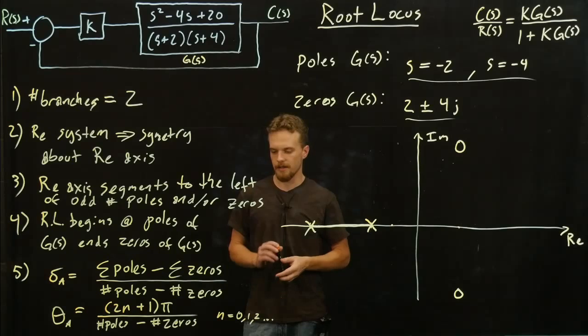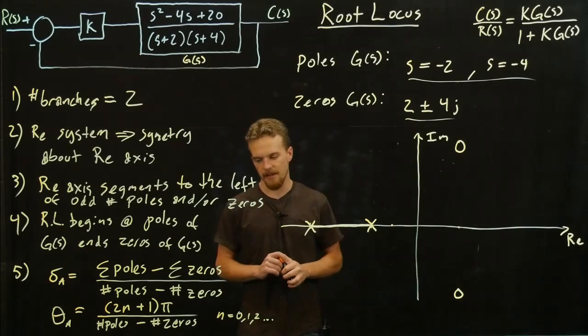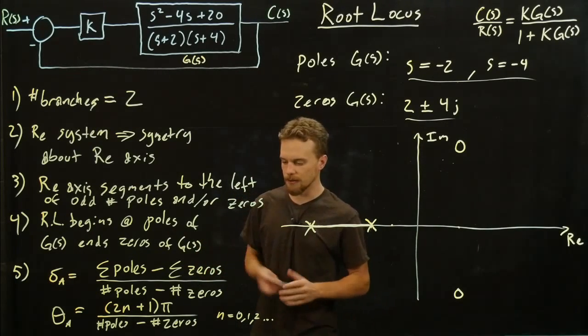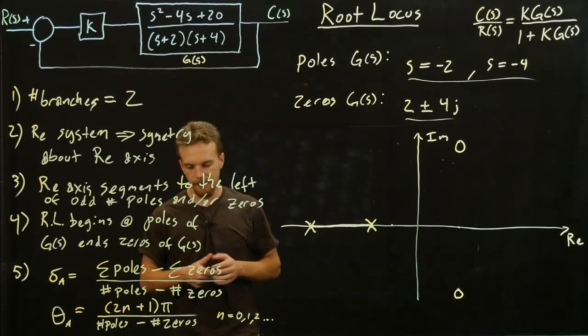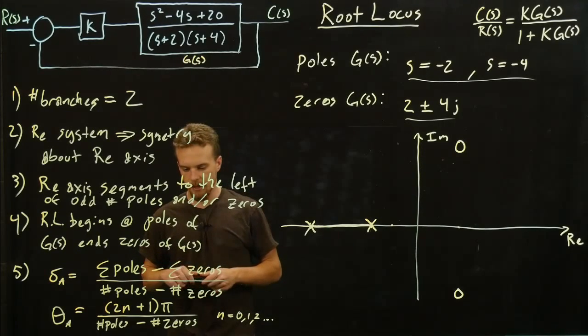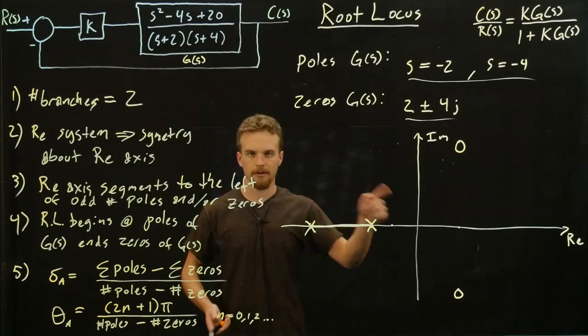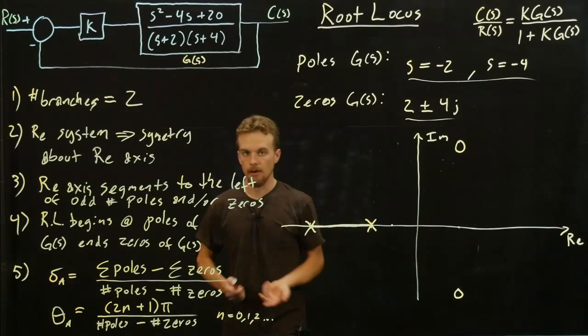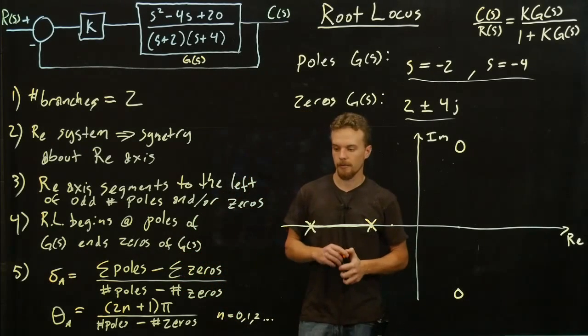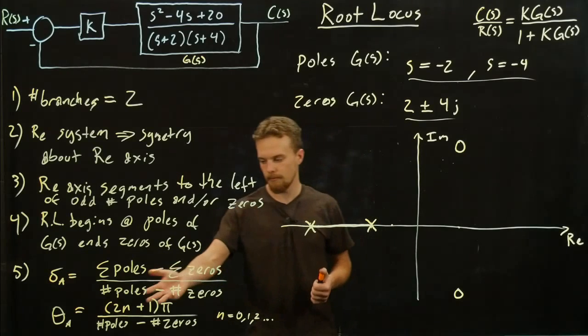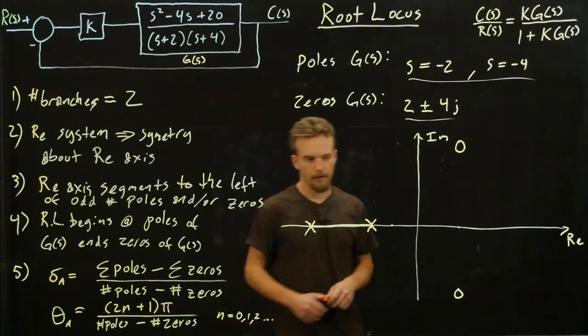So if we had, say, 2 more poles than we had zeros, we'd require 2 asymptotes, and we'd see that there's only so much we could vary n before we just started repeating our asymptotes. We'd end up with 2 asymptotes if we plugged the correct values in.